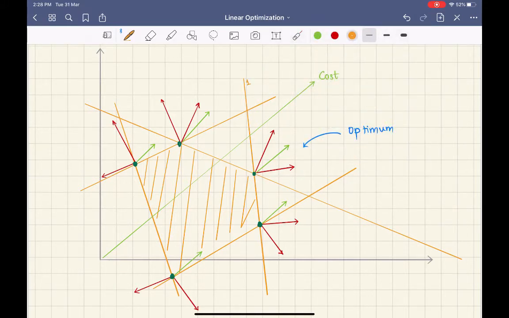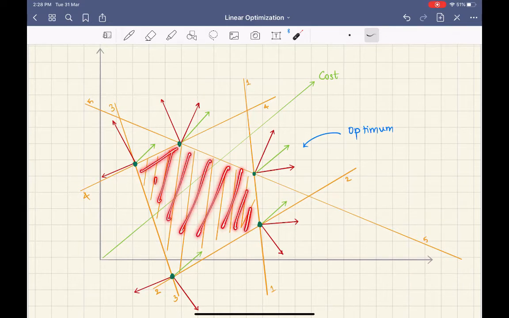This is 1, then say 2, then 3, then let's take this to be 4, and then finally this one 5. So there are 5 hyperplanes and corresponding half spaces, giving us this feasible region dashed with orange lines.